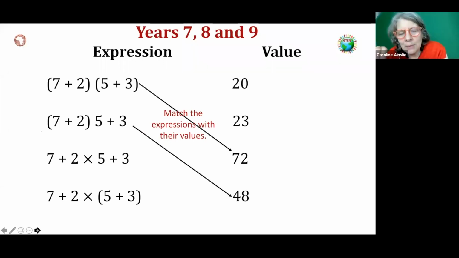This is a really powerful activity to find out where misconceptions are, where the learners are confused. Once they've got it straight, you keep using this activity to give them practice in a fun way so that it's not a tiresome activity.